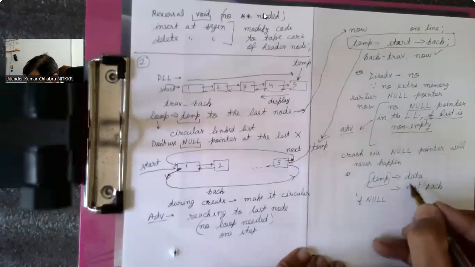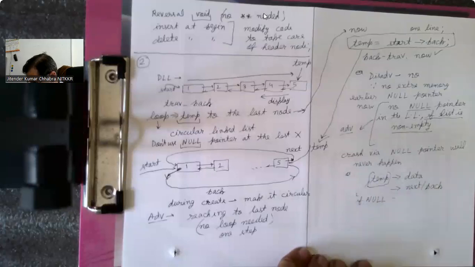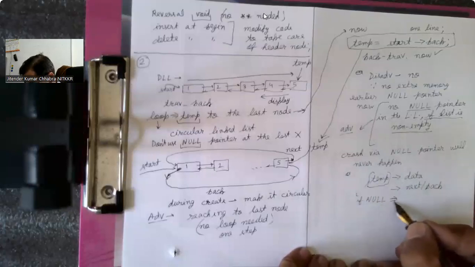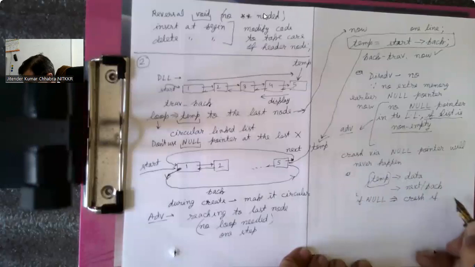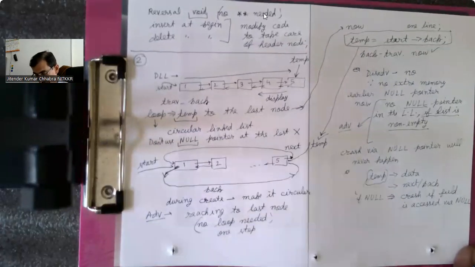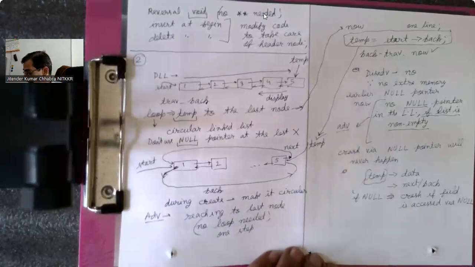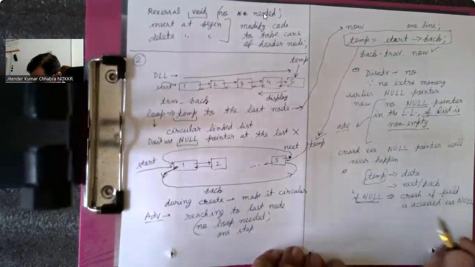Because via null, if I try to access a field, then the code crashes. Now that problem gets over, because a null pointer is not existing in the linked list at all. If a null pointer is not existing, things become easier for me.